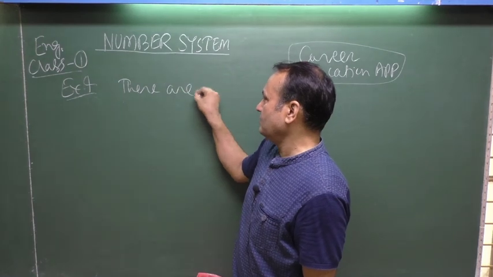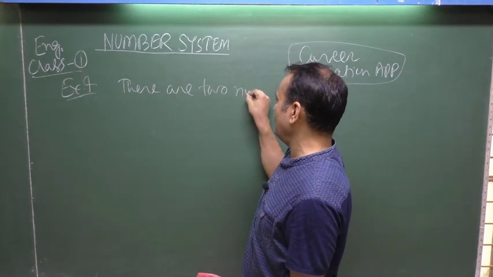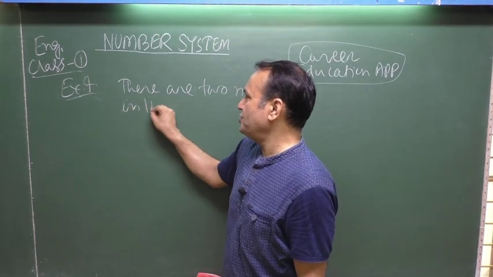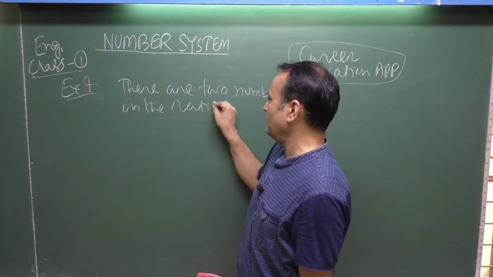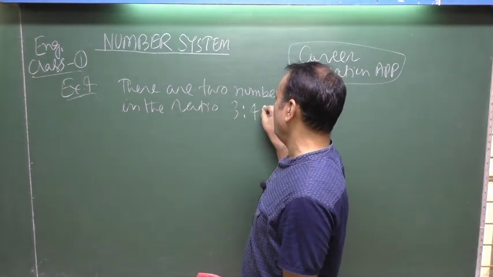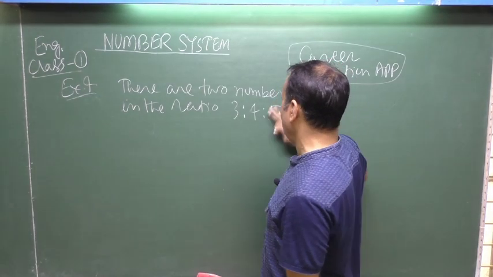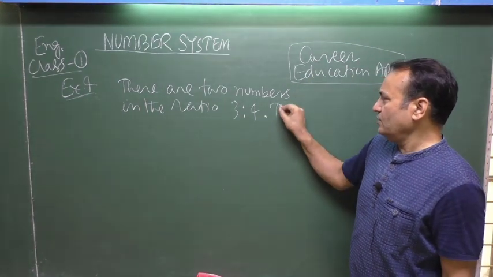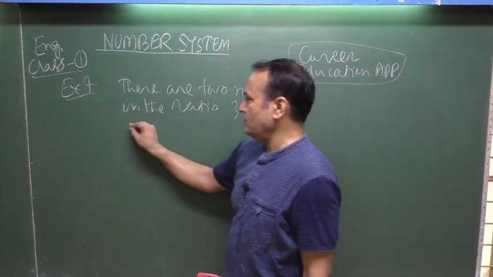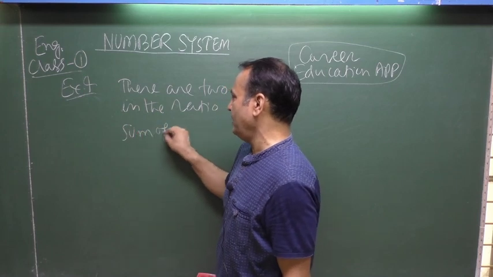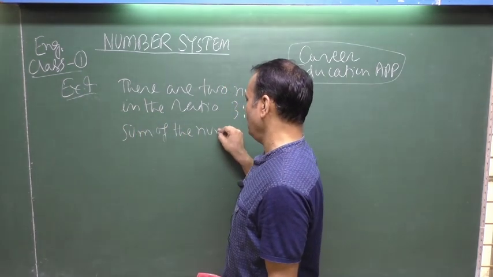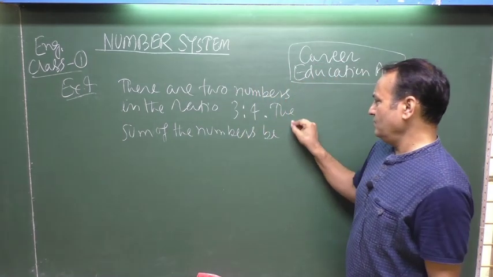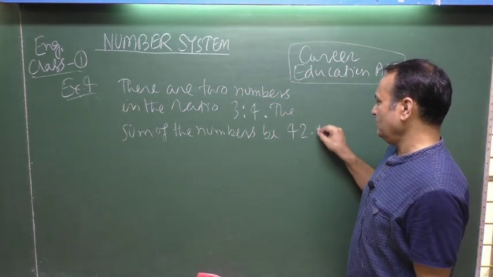There are 2 numbers in the ratio 3:4. The sum of the numbers be 42.